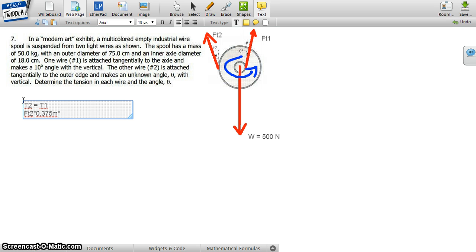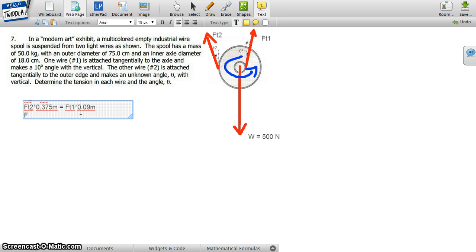If it's tangent to the circle, then it's 90 degrees from the radius. Okay, so I don't have to worry about that. So that's going to be equal to Ft1 times the distance away, which would be 0.09 meters.